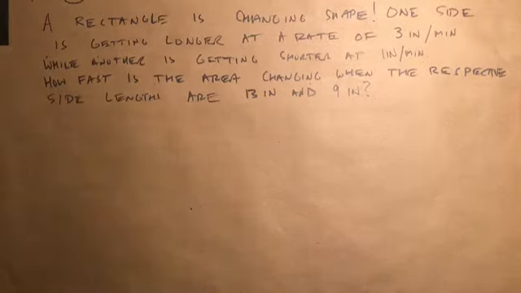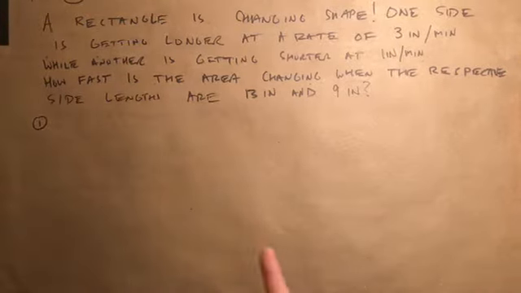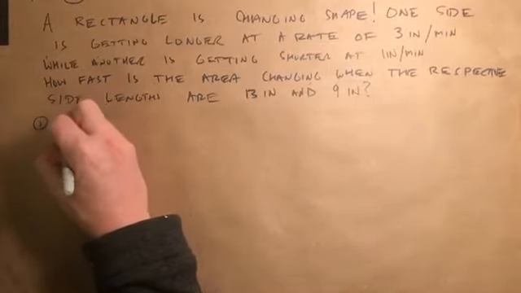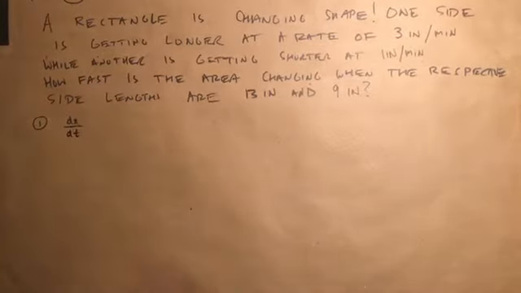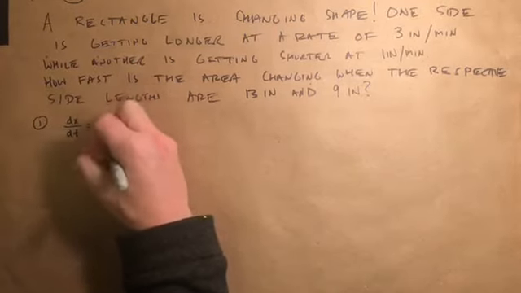And so we're going to have this related rate and this idea of implicit differentiation going down. So step 1 is to identify what we have. I'm going to refer to this as dx/dt, and we'll say that that's 3 inches per minute.